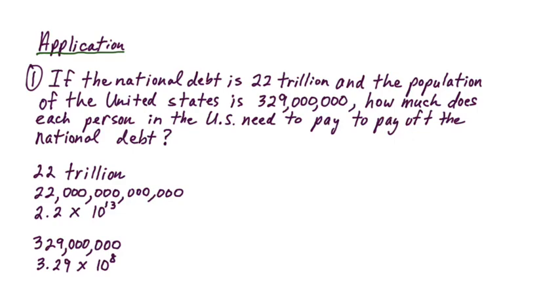That's a division problem. So we'll divide the 22 trillion by the 329 million. And if you put that in your calculator, you get $66,869.30. So for every man, woman, and child, if you would just pay your part, $66,869.30, we could get this thing paid off.